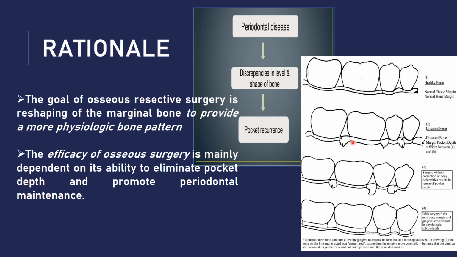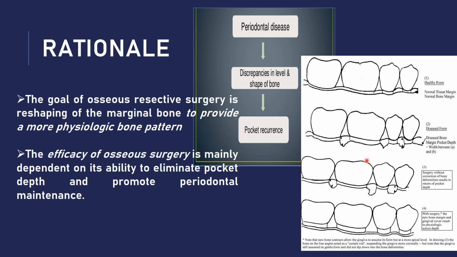So periodontal disease always leads to discrepancies in the level and shape of the bone. You can see that this is a normal gingival contour, where the tissue contour follows the bone contour. During the disease state, you can see that there is bone loss and bony defects that occur. You can see the difference between A and B, the width between A and B. There are bony discrepancies.